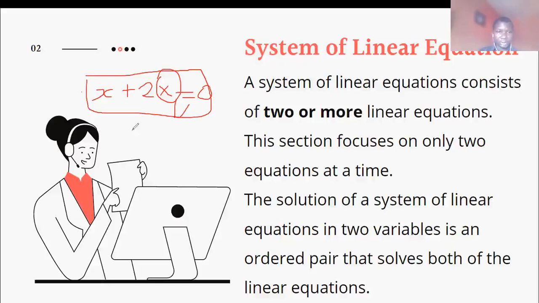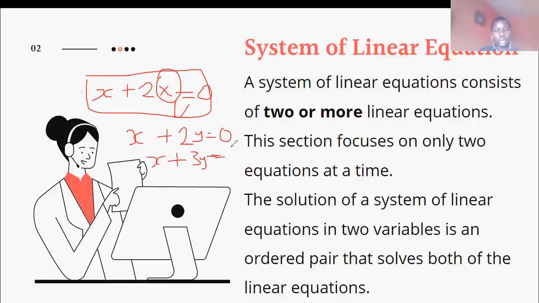Do you understand? Now, what if we have an equation whereby we have x plus 2y equal to 0, and we have x plus 3y equal to 2?